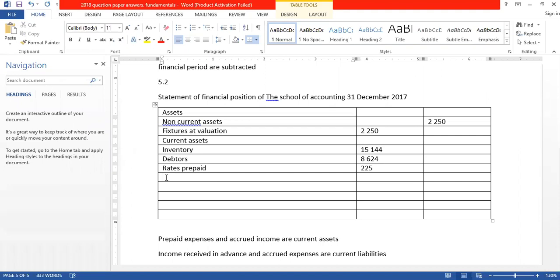Now looking at the bank, remember you have your bank that you are given there. Obviously your closing balance of bank should also be part of your statement of financial position. Looking at this bank account, the balance carried down is on the debit side.